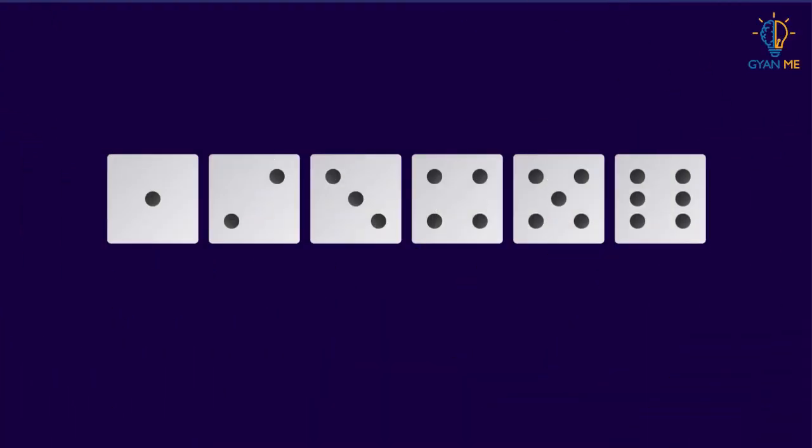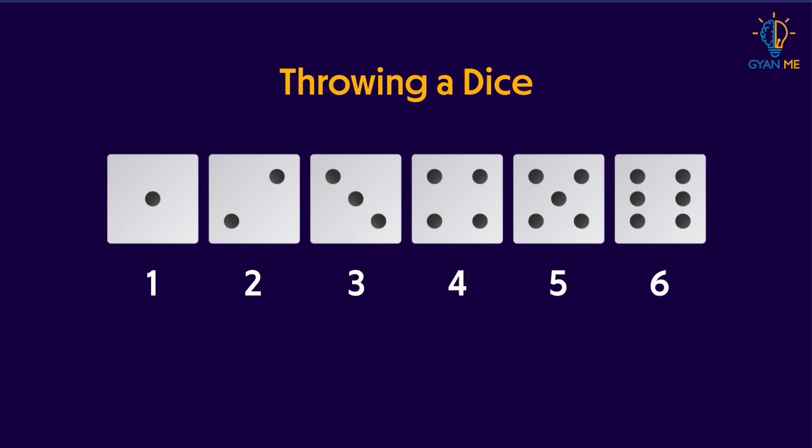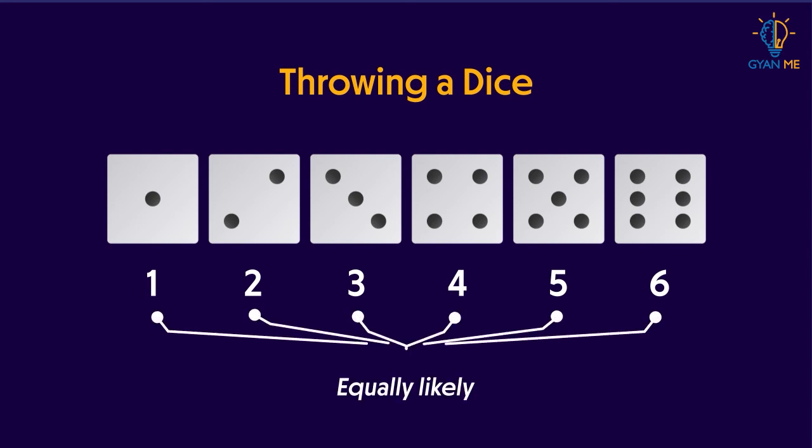Another example of equally likely outcomes is throwing a dice once. What are the possible outcomes? We may get 1, 2, 3, and so on up to 6. Each number has equal possibility of showing up. So all outcomes are equally likely.